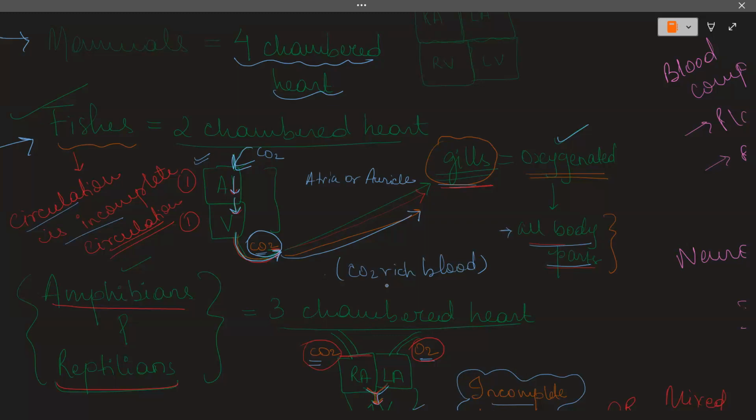So the deoxygenated blood from the different parts of the body is carried to the auricle, from which it goes into the ventricle.